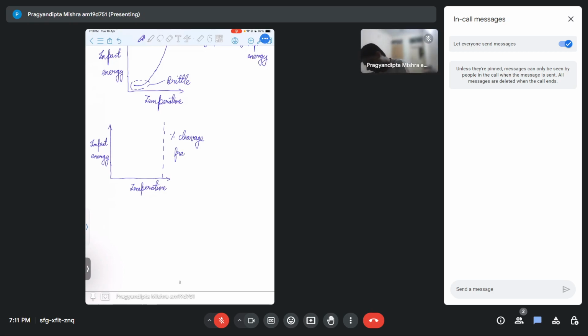So this is my impact energy versus temperature curve. My percentage cleavage fracture curve would be the exact opposite. Let me use a different ink. So this will look something like this.